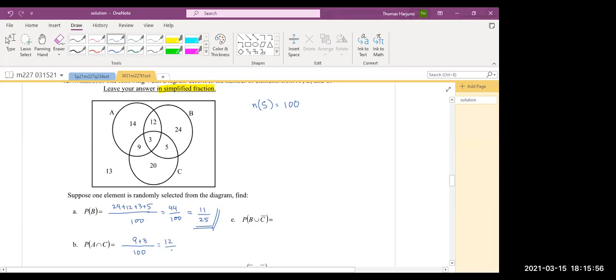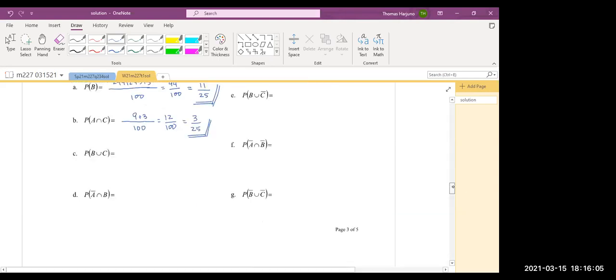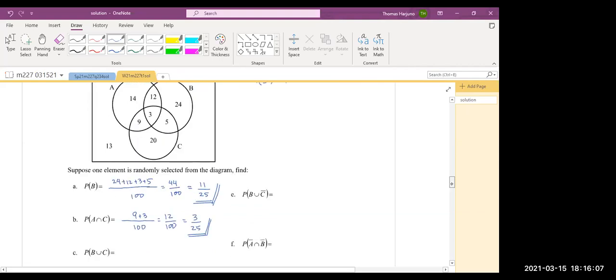That's 3 over 25. Okay, how about part C, B union C? Now tell me what numbers to add. 3 and 5. That's the intersection.